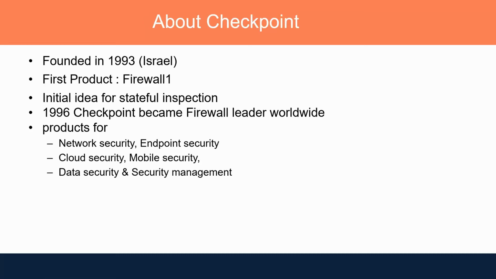In 1996, Checkpoint became the worldwide leader, and it has different products for different types of security: network security, endpoint security, cloud security, where Checkpoint is also doing well, mobile security, data security, and security management. So this is a pretty old company, rich in security features.